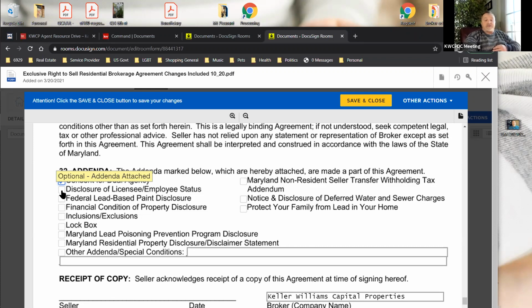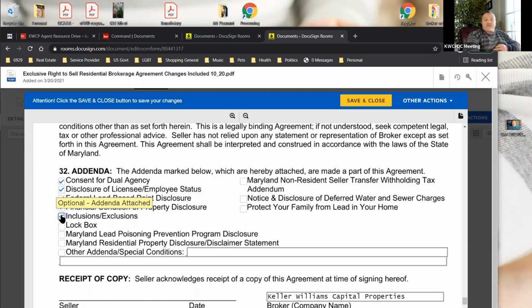If one of the parties to the contract is a licensee, a salesperson or a broker, we've got to disclose that. If there's a federal lead-based paint disclosure that's required, we've got to disclose that also. If there's a financial condition property disclosure, and that usually applies in a condition where there's a condo or an HOA, we've got to include that also.